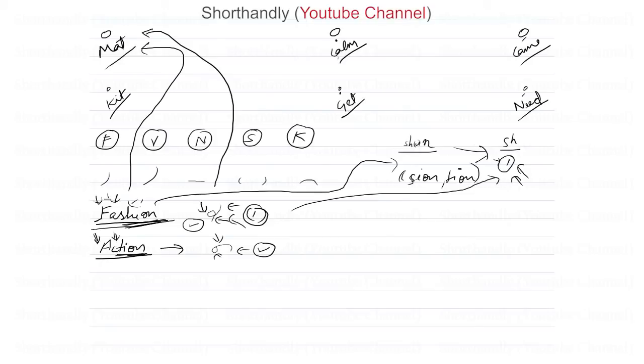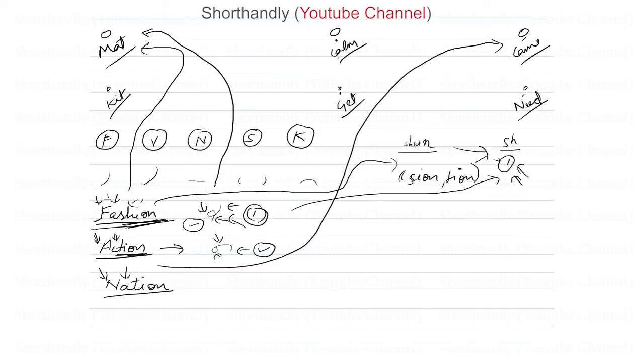Now let's take the next word, nation. First we have N, then the A vowel, this time as in came, because it goes like nation. So we will be using this large circle while making this word.